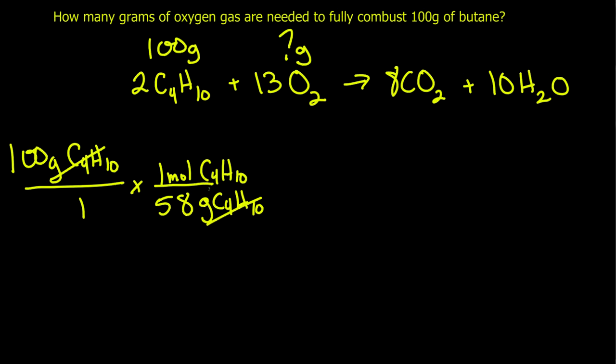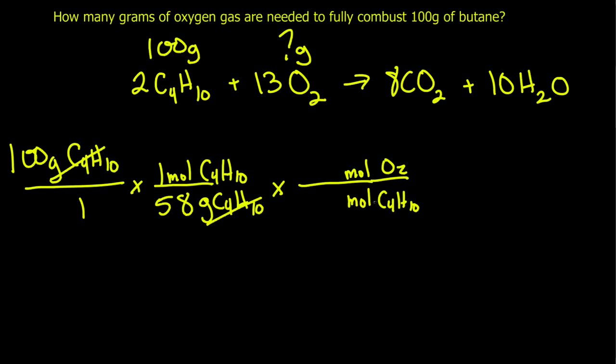I can't stop there. Once I got moles of butane, I need to change it to moles of oxygen. So that's where our stoichiometry comes into play. We set up another ratio with our balanced equation. Butane's on top. Now butane goes on bottom. We want to change it to oxygen, so moles of oxygen go on top.